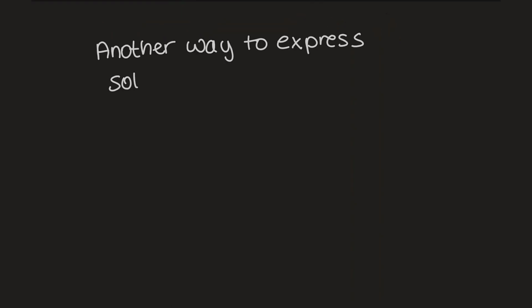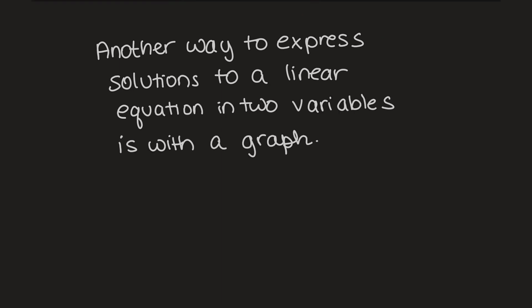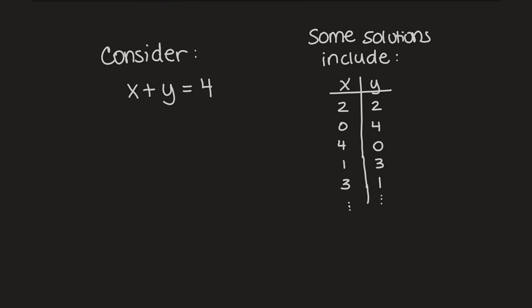Another way to express solutions to a linear equation in two variables is with a graph. So consider the equation x plus y equals 4. Some solutions include (2, 2), (0, 4), (4, 0), (1, 3), (3, 1), and many more.